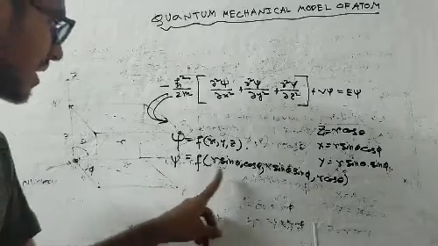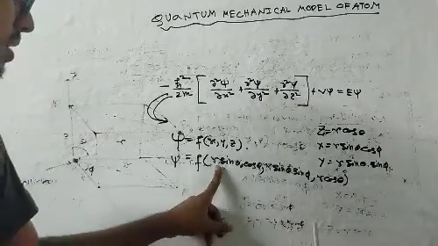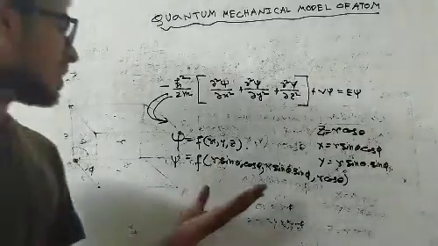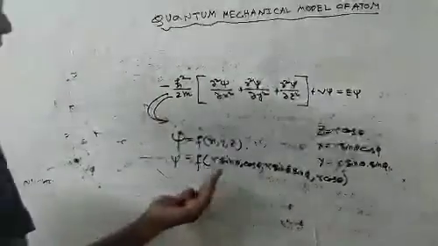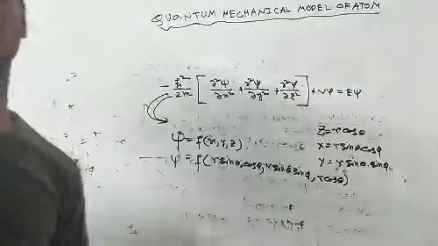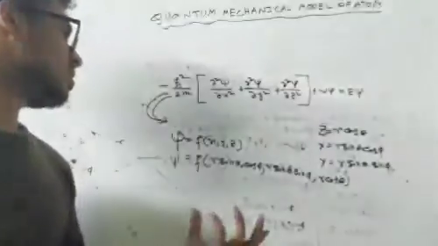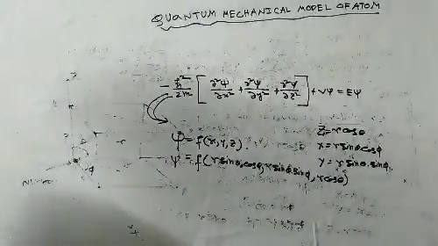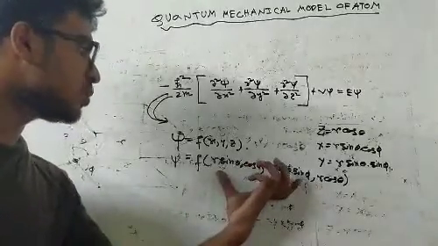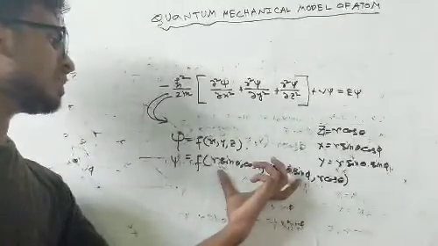In the previous video we said that within the bracket the independent variables are present.